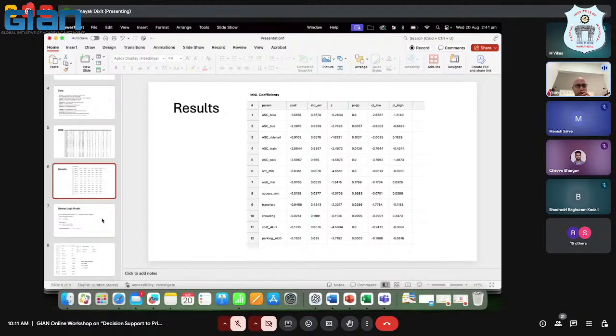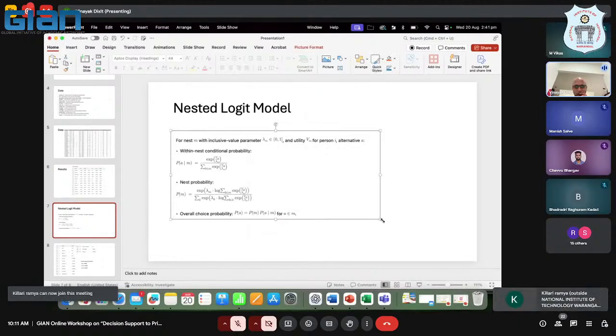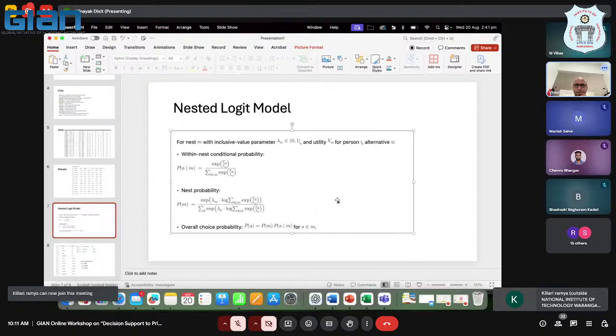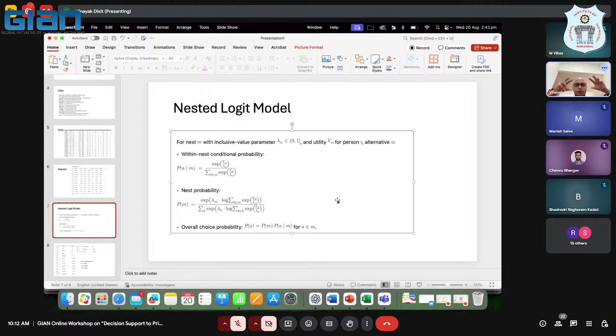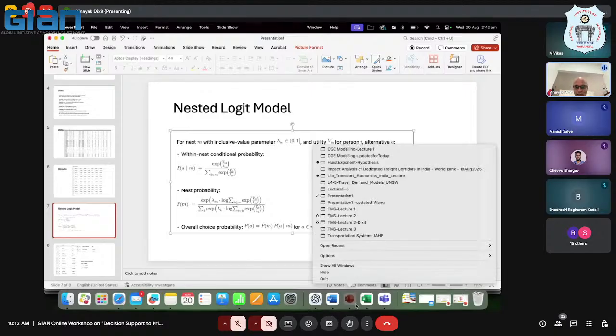So how does a nested logit model work, right? We did a little bit of the framework, but I wanted to go through a little bit of the maths behind it.